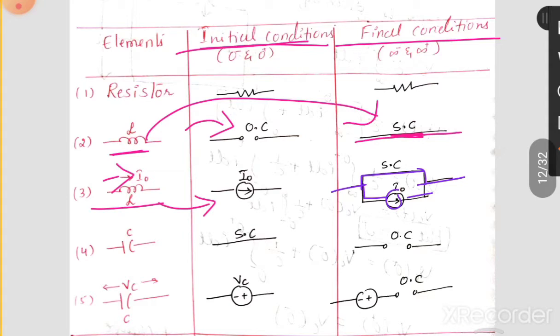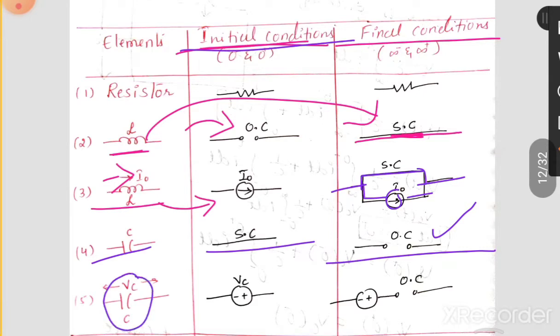And if you have a simple capacitor which has no voltage across it initially, then it is represented by a short circuit initially, and for the final conditions you can take it as an open circuit. Suppose it has a voltage across it initially, then for the initial condition it has to be replaced by a voltage source of the same magnitude, and for the final condition a voltage source along with an open circuit.